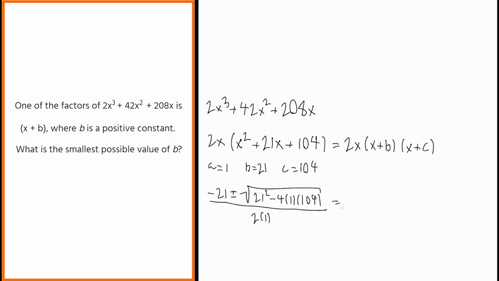We can simplify this and get negative 21 plus or minus the square root of, and 21 squared, if you put into your calculator, you'll see is 441. 4 times 1 times 104 is 416. And this would all be over 2.